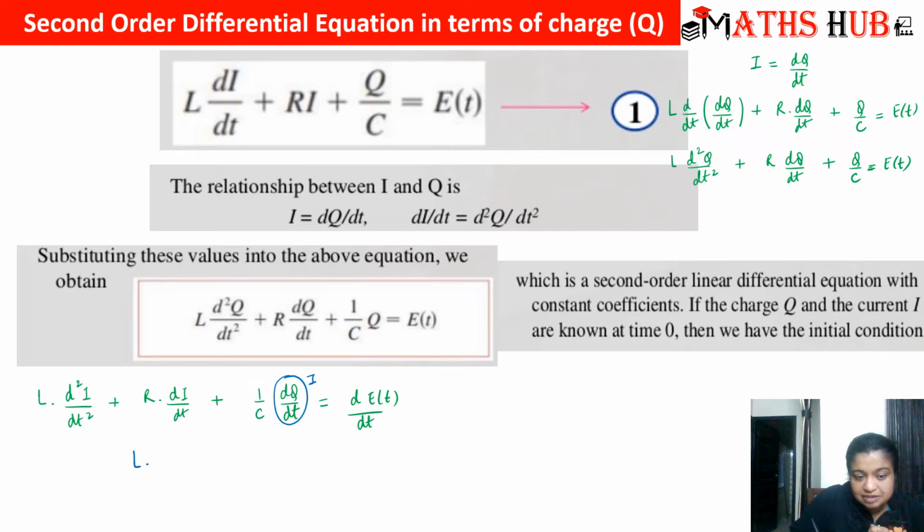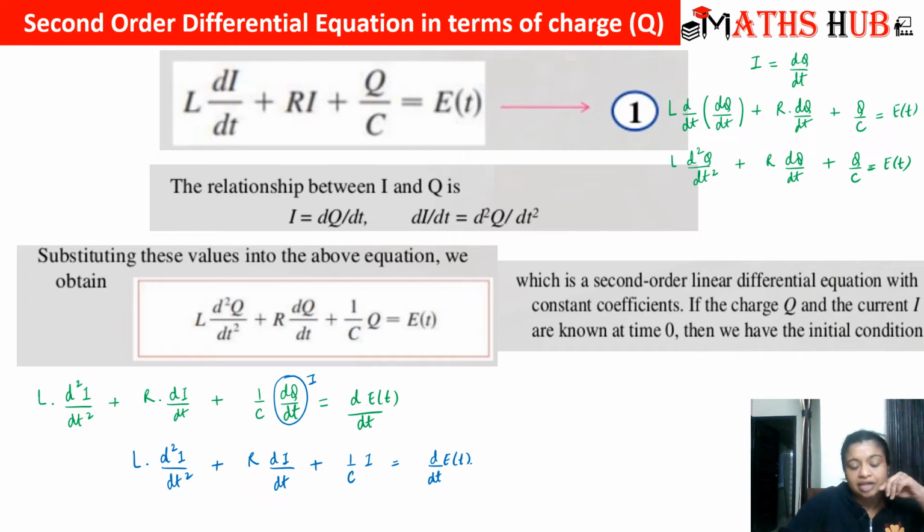So the equation gets converted to L d2I by dt square plus R di by dt plus 1 by c times I is equal to d by dt of Et. So this is the second equation that has been converted in terms of the variable I.